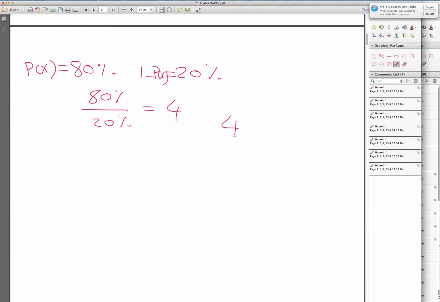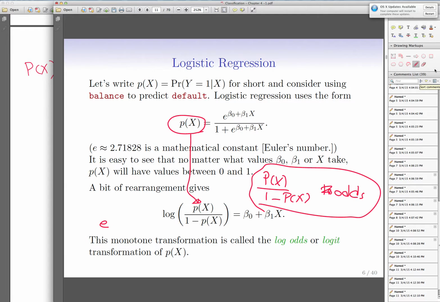So your odds of default are 4 to 1. That means you're more likely to default. If your odds are 1 to 5, or you have a ratio that is less than 1, then that means you are more likely not to default. So that's how odds are defined, and that's why px divided by 1 minus px was defined as odds. So log odds was a linear function of our predictors, and whenever we have linearity, we are cool. We really love it.